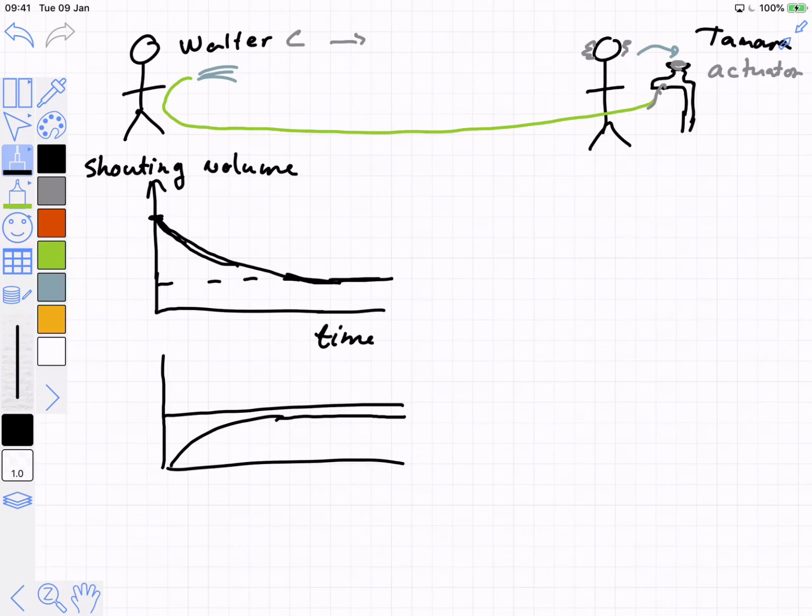And that would take out, let's say this is flow, that last little bit of error. And so this is actually, sorry, shouting volume is like this, and eventually Walter will completely stop shouting.